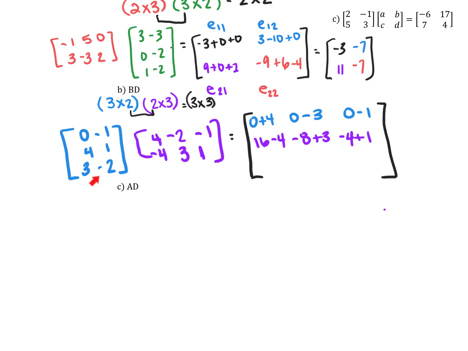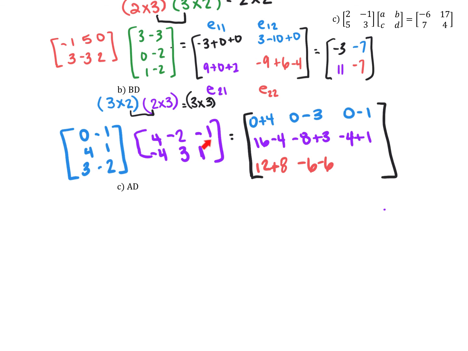Last row. Third row, first column. 3 times 4, 12. Negative 2 times a negative 4, positive 8. Third row, second column. 3 times negative 2, negative 6. Negative 2 times 3, negative 6. Right?